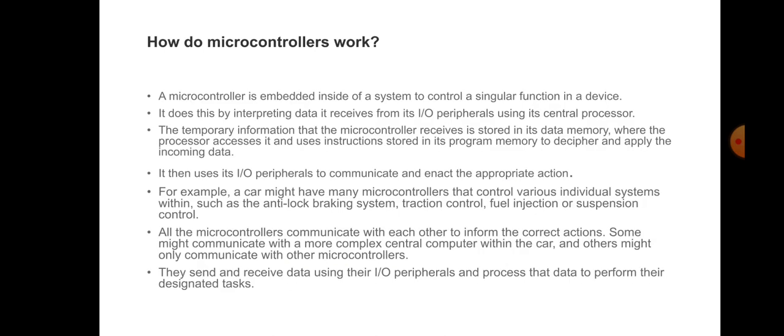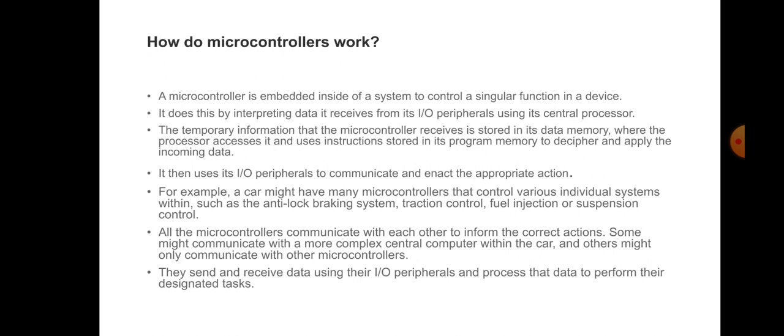How does a microcontroller work? A microcontroller is embedded inside a system to control a singular function in a device. It does this by interpreting data it receives from its input/output peripherals using its central processor.